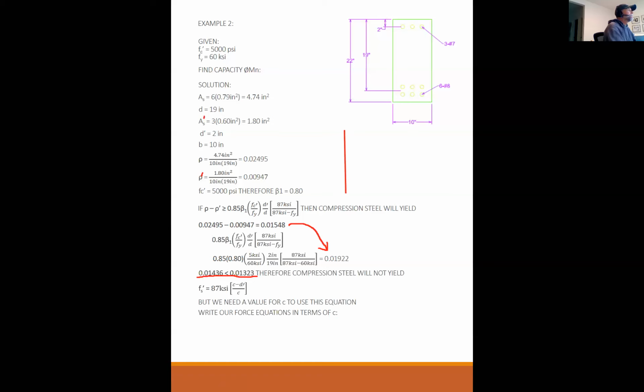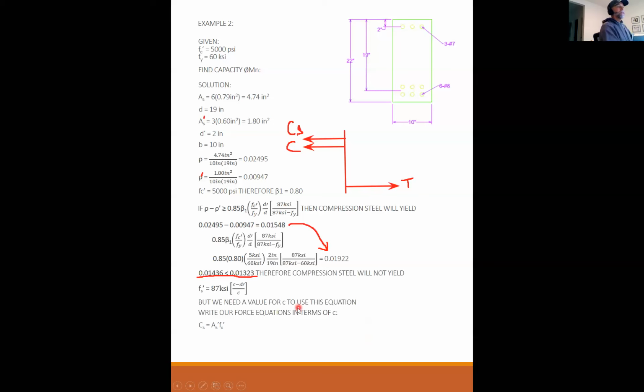If I draw a side view of this beam, I have tension, compression in the steel, and compression in the concrete. T, compression in the steel, and compression in the concrete. And what I'm going to do is write all three of those forces in terms of little c, all three of them.